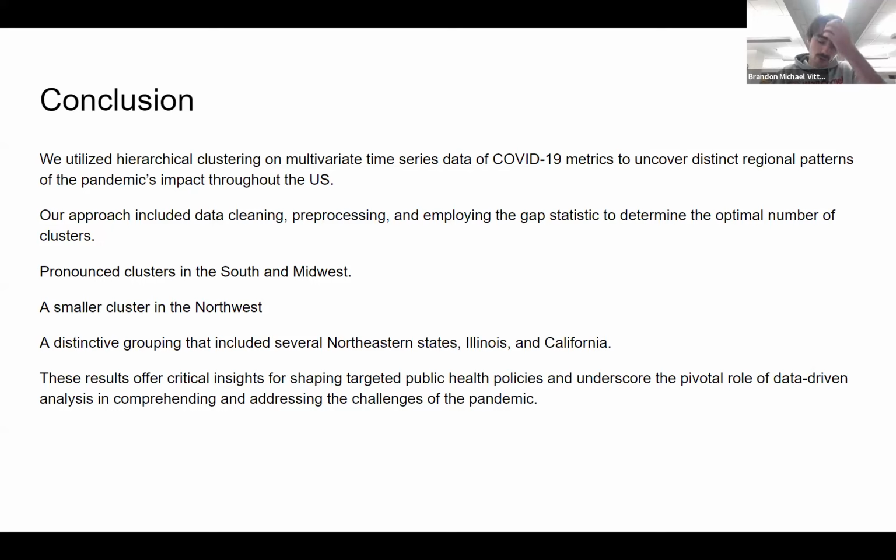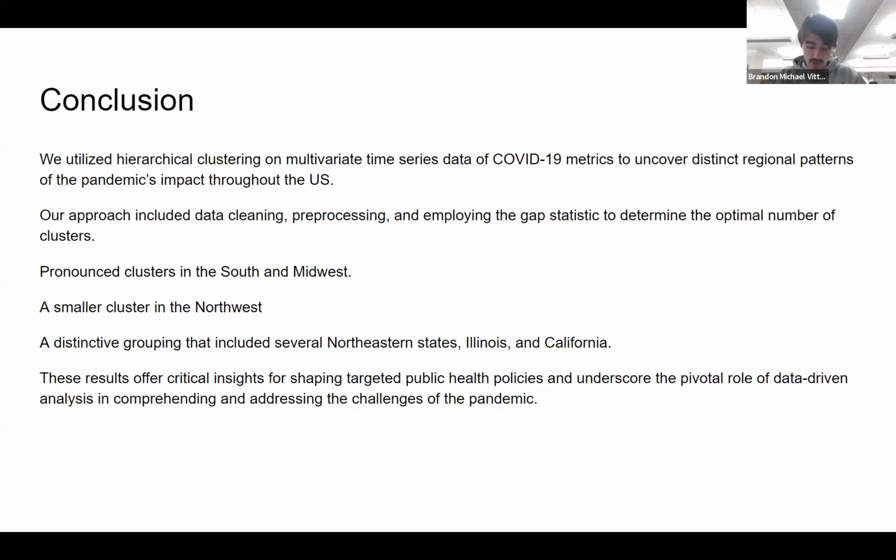So in conclusion, I just want to say that in this analysis, we used hierarchical clustering on multivariate time series data of COVID-19 metrics to uncover distinct regional patterns of the pandemic's impact throughout the United States.